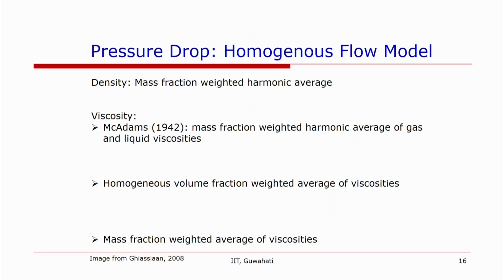For the density, there are two definitions one can use: rho is equal to rho 1 alpha 1 plus rho 2 alpha 2, or, as it has been listed here, sometimes this definition is used, rho is equal to x rho gas plus 1 minus x rho liquid.